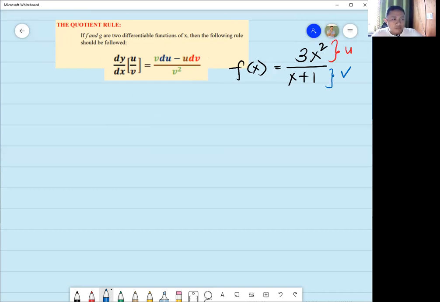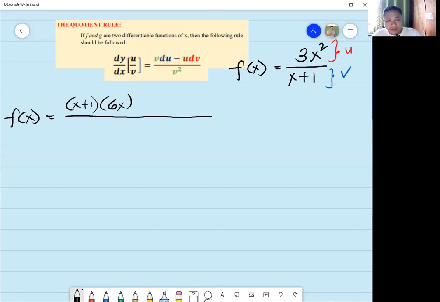So V du, f prime of x will be equal to V du, copy V, that is x plus 1. And then get the derivative of u, which is 3x squared, that becomes times 6x. Right?